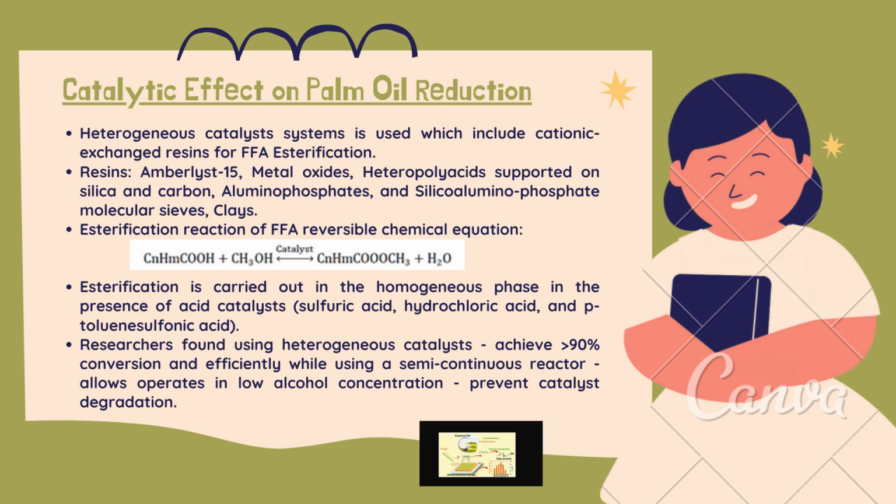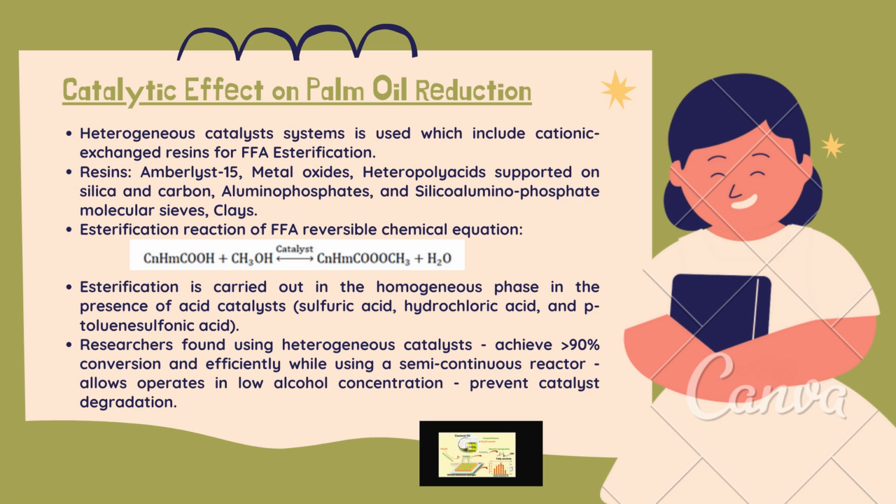Next, in the slide on the catalytic effect on palm oil reduction, the utilization of a heterogeneous catalyst system, which includes cationic exchange resins, is a very interesting alternative for carrying out FFA esterification. Metal oxides, heteropolyacids supported on silica and carbon, aluminophosphates and silico-aluminophosphates, molecular sieves and clays are examples of these catalysts.